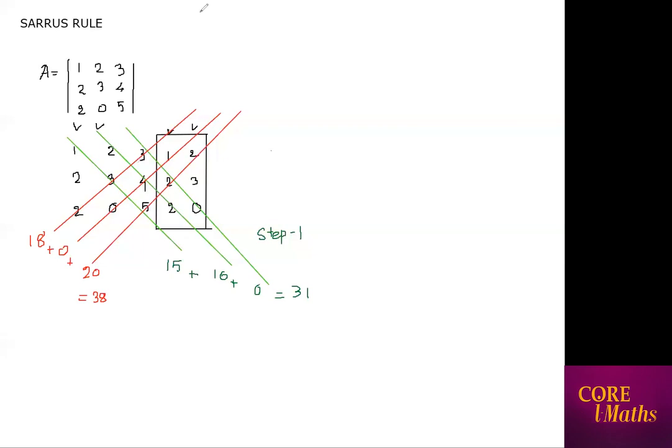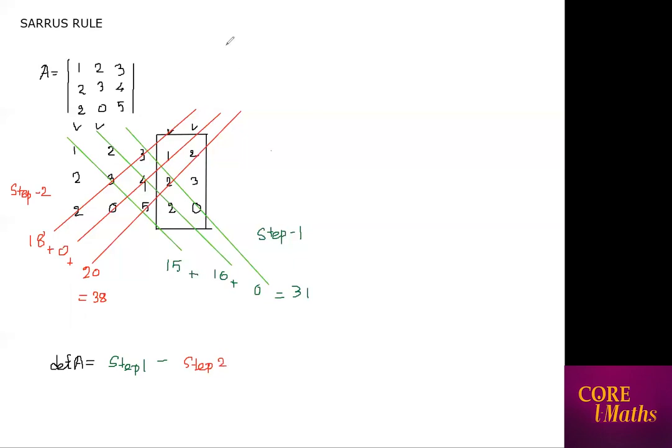Now, what will be your ultimate determinant value? So, det A will be, first this is our step 1 and this is our step 2. The ultimate determinant value will be step 1 minus step 2.